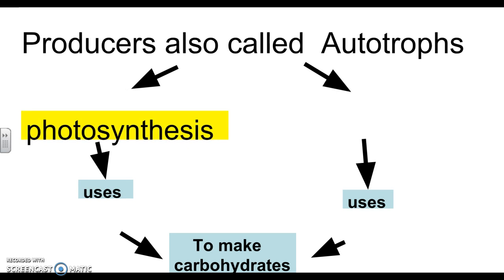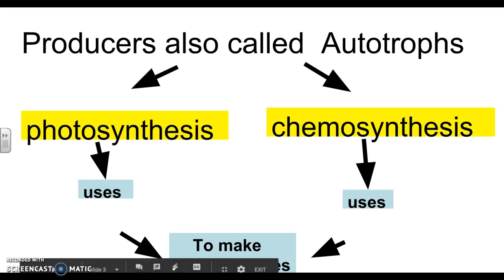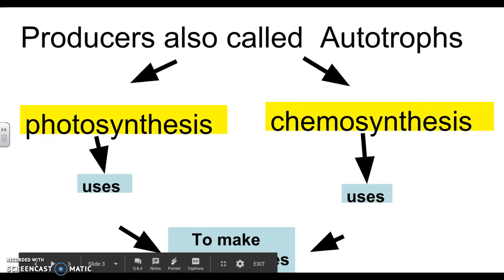Photosynthesis is used by plants, some algae, and bacteria to produce food. And then the other way that I've mentioned in passing is chemosynthesis. We haven't talked about that a whole lot, but chemosynthesis is also a way of producing food.